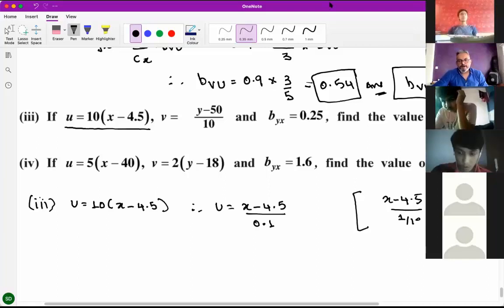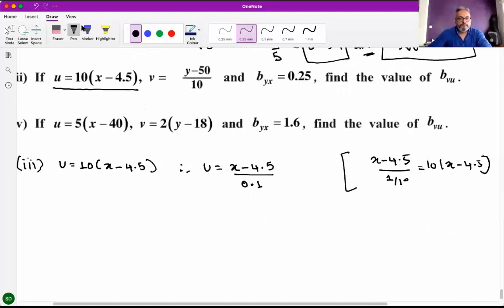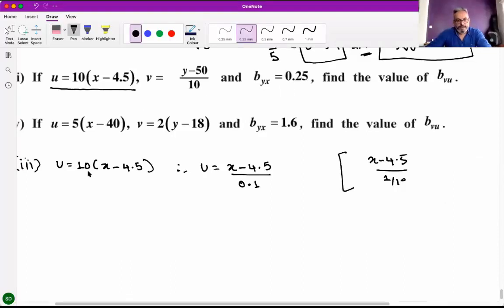समझ में आया ये पॉइंट सबको? ओके. सर फिर से सर. क्या सर डाउट. फिर से सिखाओ ये. Yes. Okay. Now see, ध्यान दो फिर से एक बार. x minus 4.5, ये 10 को मैं नीचे ले जाऊंगा तो ये क्या हो जाएगा? 1 upon 10 हो जाएगा.